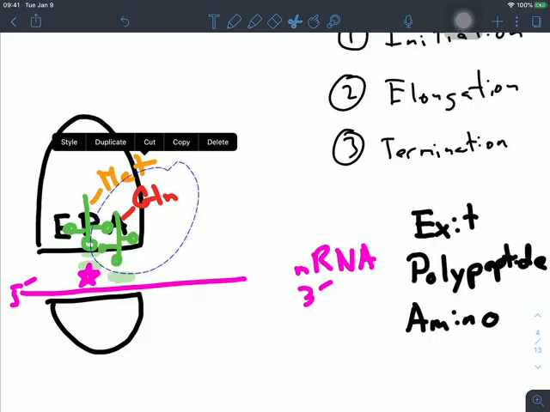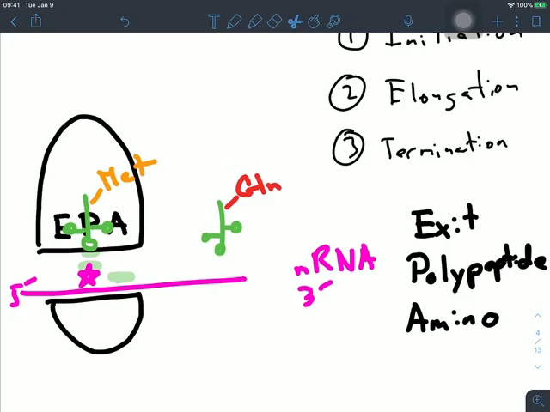And then what happens is a little bit tricky, and my drawing ability here kind of fails. So what actually happens is that the methionine will get bumped up.